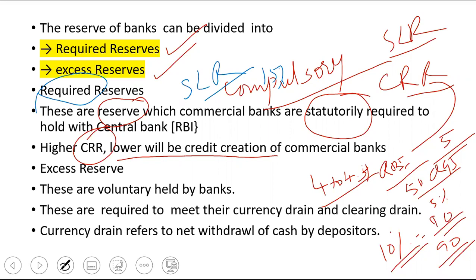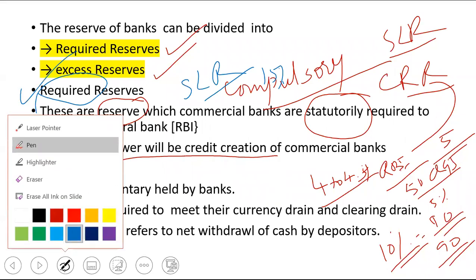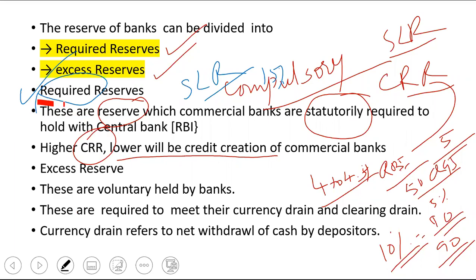So, commercial bank को CRR, SLR सब होने के बाद जो cash आता है, only that can be given as the loan. Now, one is the required reserve आपने देखा. Now we are going to discuss. Now this is the required reserve which is compulsory.